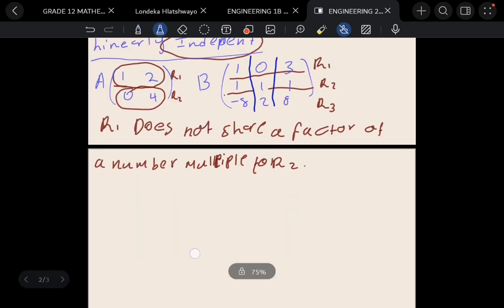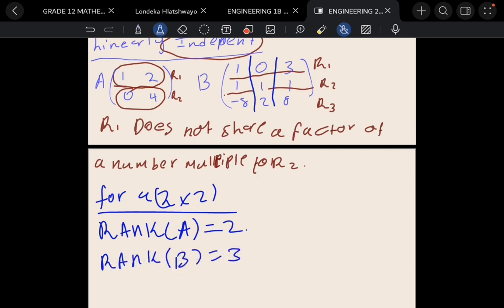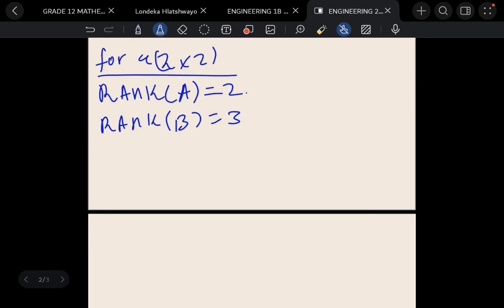For a 2 by 2 matrix, the rank of A is equal to 2, if you are going to do this with rows which are linearly independent. And the rank of B is 3, because there are 3 rows which do not share a factor.